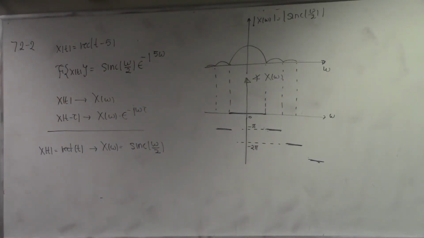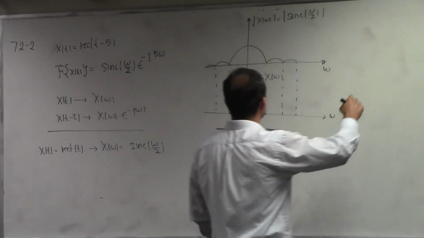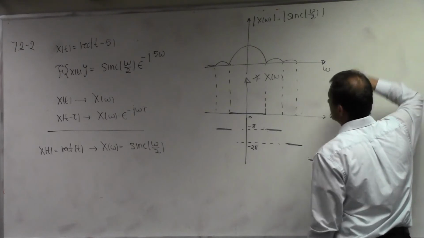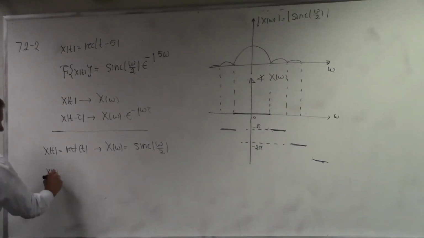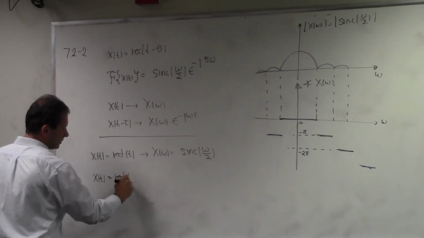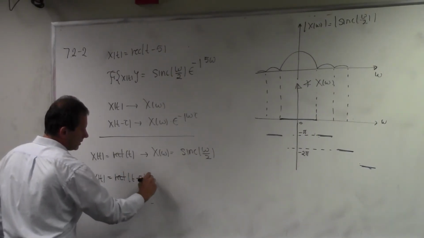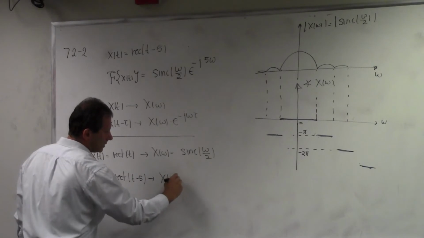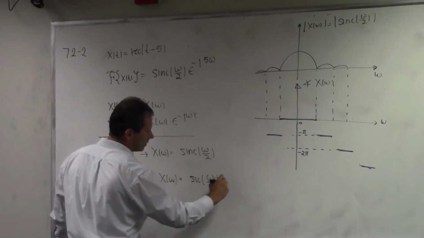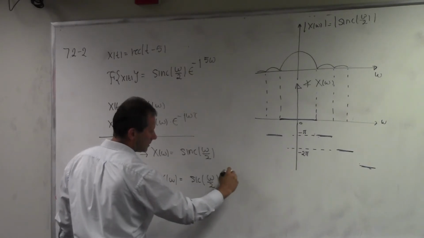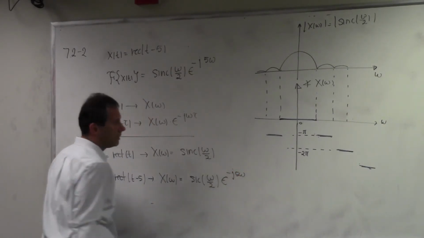Now, let's look at what happens when you delay. Then your magnitude spectrum stays the same. So let me just do it here. x of t is rect of t minus phi. Then X of omega is equal to sinc of omega over 2 times e to the minus j phi omega.